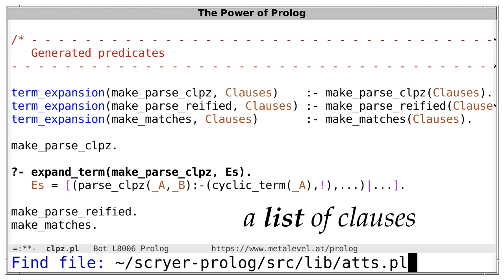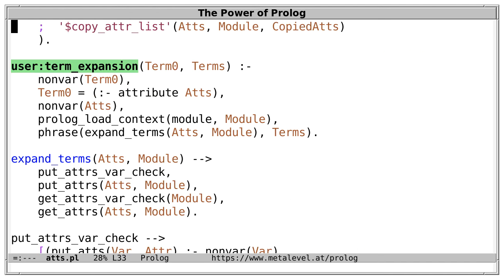And just to give another example of this, the implementation of attributed variables also uses term expansion. In this case, again a directive is expanded, like in the table example, but now it's the attribute directive. This expansion rule uses Prolog load context to determine which module is currently being compiled, so where the expansion is taking place.